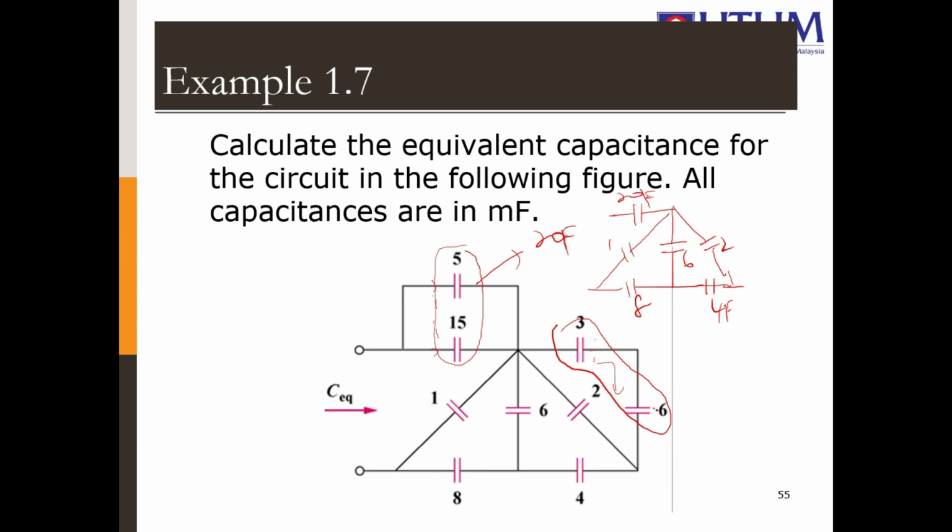What happened to your 3 and 6? The equivalent capacitance over there should be something like this. This is in series, so you need to find the value using 1/3 plus 1/6. Again this gives you 2 farad.